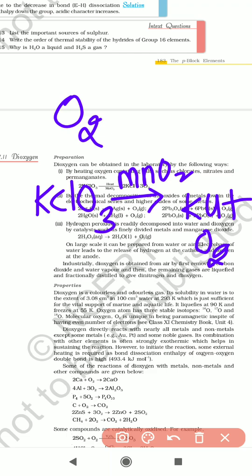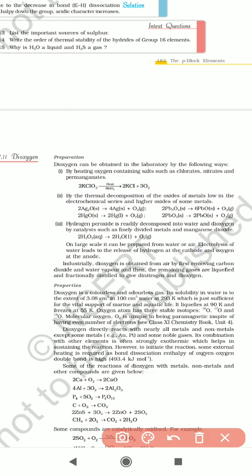Next, the second preparation method is thermal decomposition of metal oxides. If heat energy is applied to metal oxides, decomposition takes place to form metal plus oxygen gas. Let us see that.